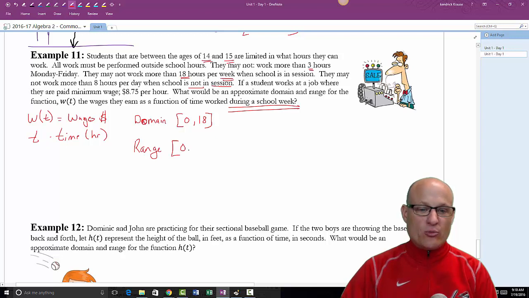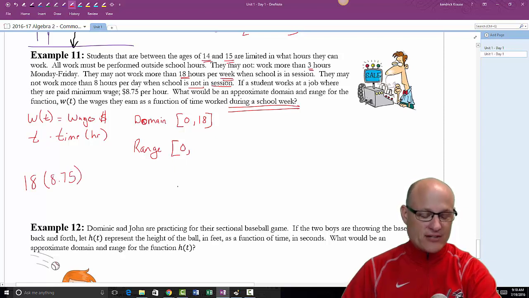So 0. But the range is got to be how much money I can make. And how much money I can make is 18 hours times, how much was I making? $8.75 an hour. I could have picked less obnoxious numbers.